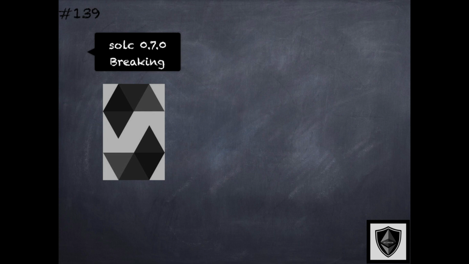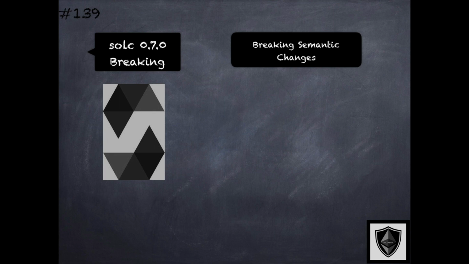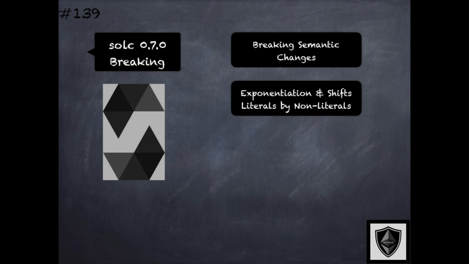Let's now move on to the next breaking release, 0.7.0, and see what breaking semantic changes were introduced with this version. Exponentiation and shifts of literals by non-literals as of this version will always use uint256 or signed int256 to perform the operation.